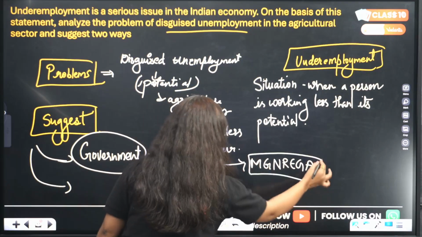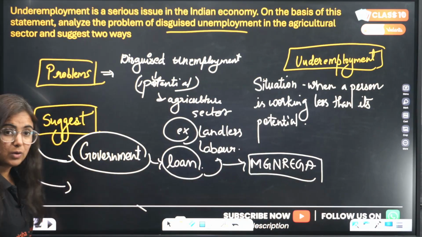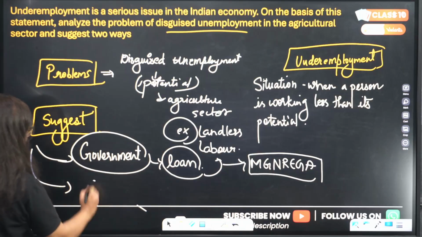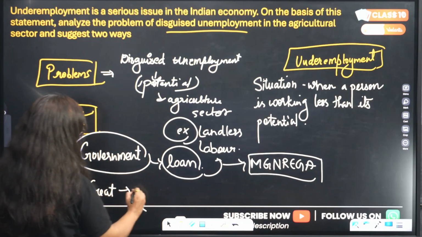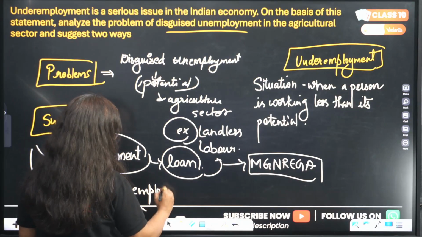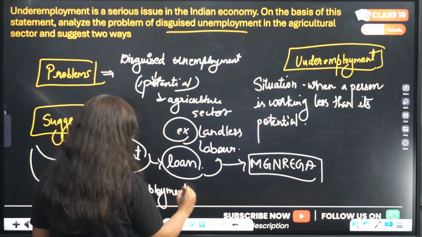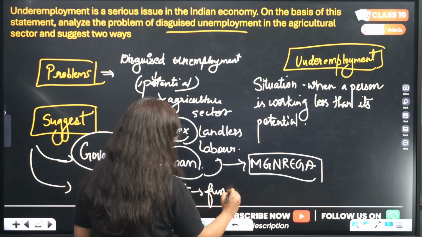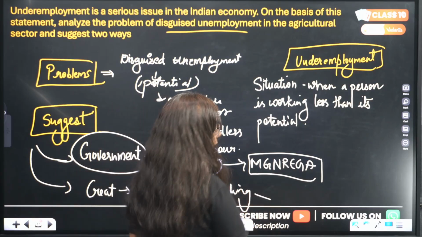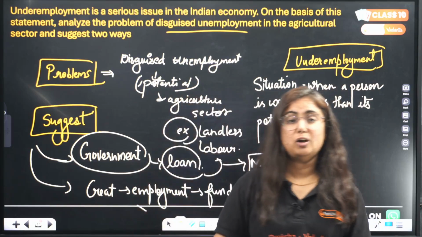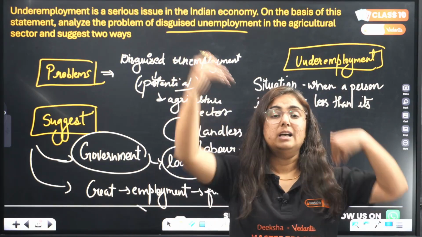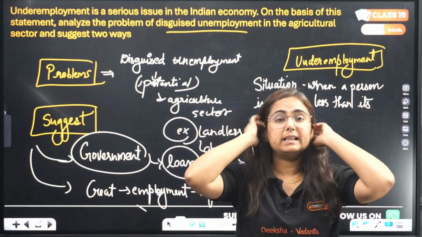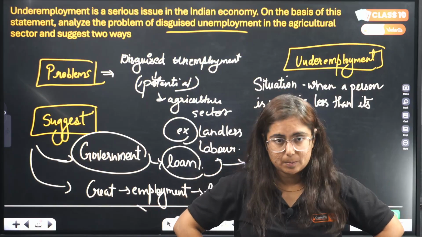Okay, so this can be done to improve their situation. Okay, government can create more employment opportunities by funding more in agriculture, like helping the farmers to buy the agriculture seeds and all that. Production will increase, the demand for employment will increase, and this landless labor will be able to find jobs.